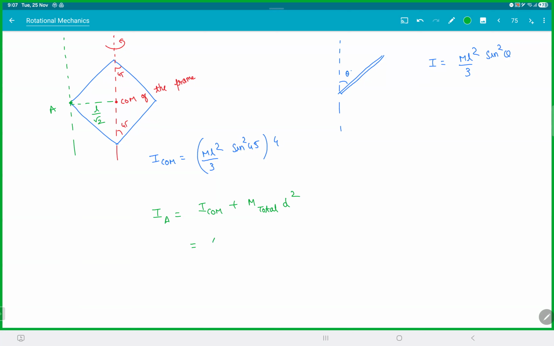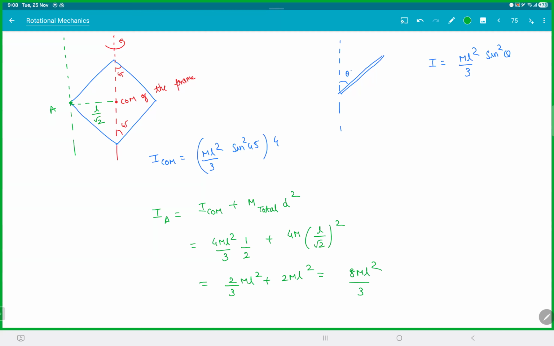People do goof up, small mistakes. Putting ml square by 3 sine square 45, that is 1 by 2. Total mass is 4m and the distance is L by root 2, whole square. That will be 2 by 3 ml square plus 2 ml square, which is 8 ml square by 3. Check.